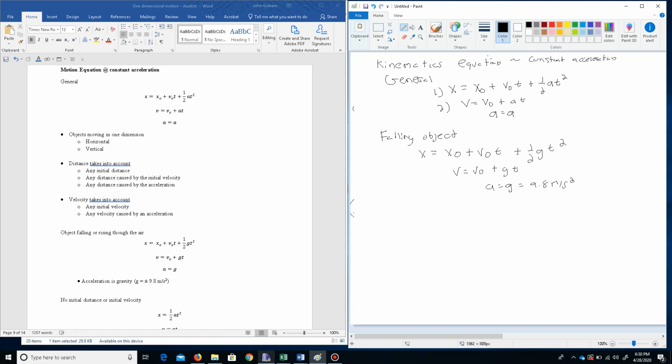The reason I can put plus or minus down here is because depending on how we want to look at it, we can say down is negative, so up is positive, or we can actually say that down is positive. It depends on how we want to look at it. Why would we say down is positive if traditionally we make down negative? Well, if an object is falling and we want to know how far, do we really care that it's negative? We know it's falling. So we can make this positive and look at how far it falls.